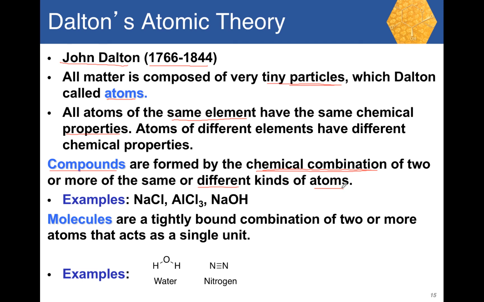But now we're looking at it from the atomic level. Examples: sodium chloride is a compound because we have one sodium atom and one chlorine atom. Aluminum trichloride is a compound, one aluminum atom and three chlorine atoms. Same for sodium hydroxide.